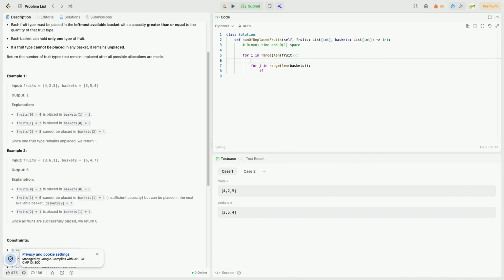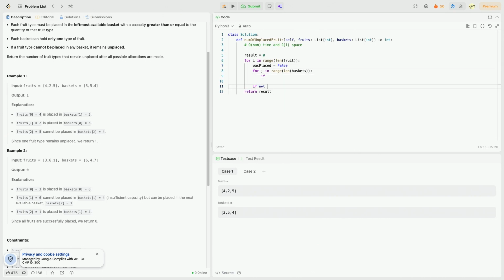And we have to keep track of whether we could place it or not. So we need a return variable as well, and that's just the number of unplaced fruits.